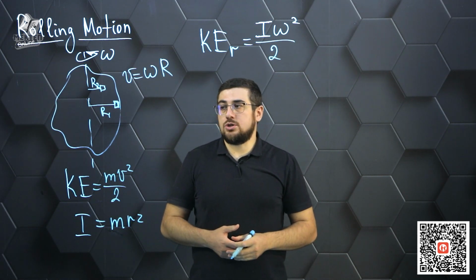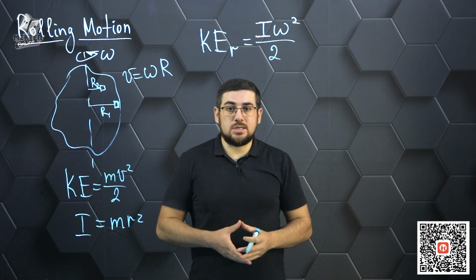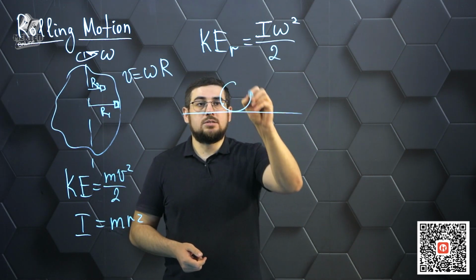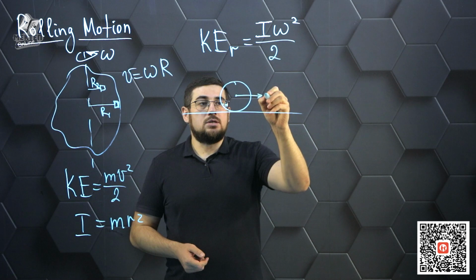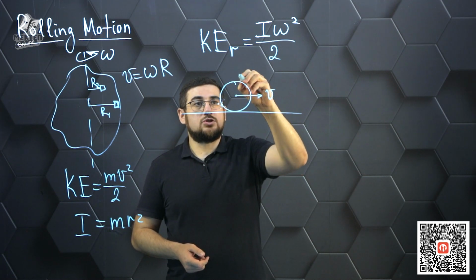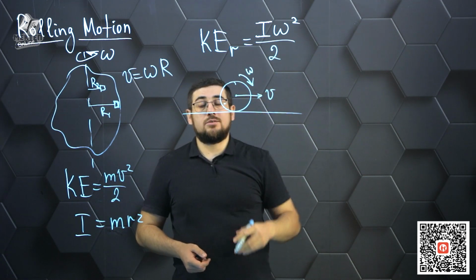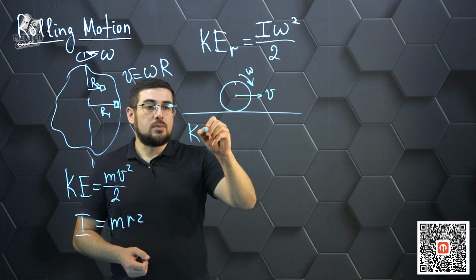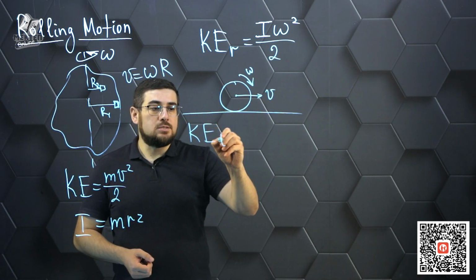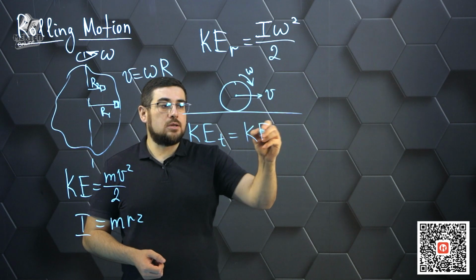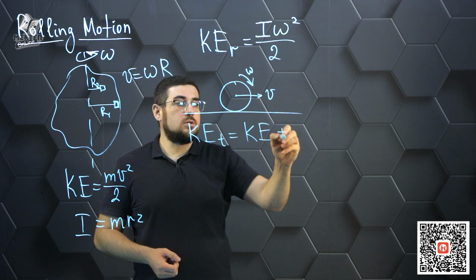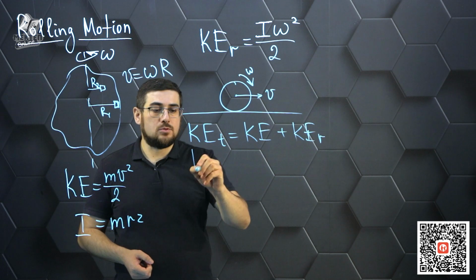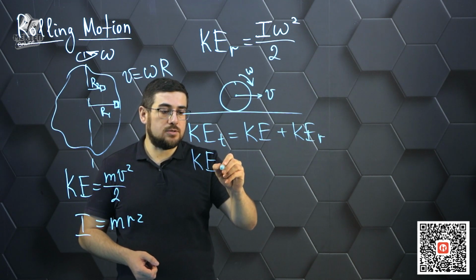For cases such as a wheel moving on a horizontal surface, there is some translational motion and some rotation. Then the total kinetic energy will be defined as the sum of two energies: the translational energy and the energy of rotational motion. So we can write this expression in this form.